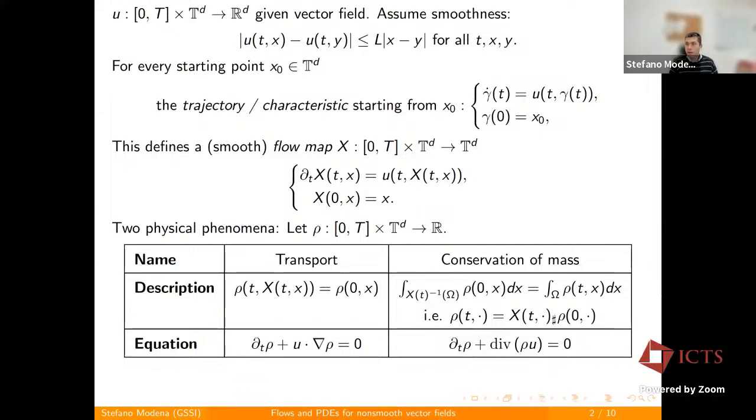Nevertheless, at least on a formal level, if the divergence of the vector field is 0, so if our vector field is incompressible, then these two equations are at least formally equivalent, and in a smooth setting, they are equivalent. So in this talk, I will assume that they are indeed equivalent, and in fact, they are very much related from a mathematical point of view. So I will talk about one or the other in the same way. I will not make any difference between the two equations.